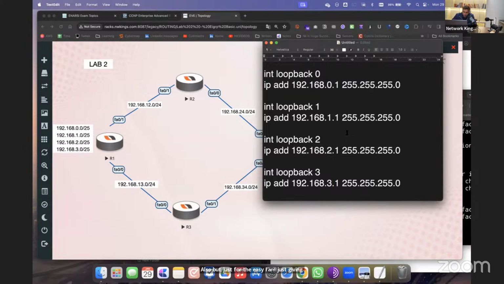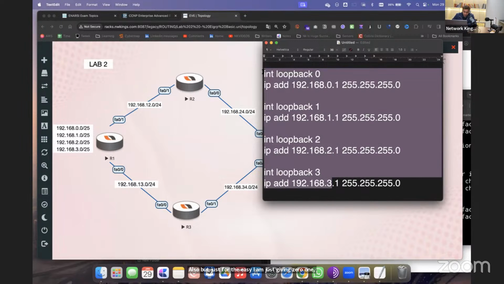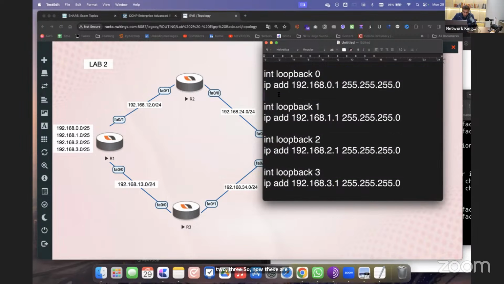Okay, so now these are my testing interfaces. In future, when you have these types of networks, the subnet mask is not wrong; this is correct. If you want, you can give 255 also, but you should know exactly that for loopback, I'm here to explain the loopback.